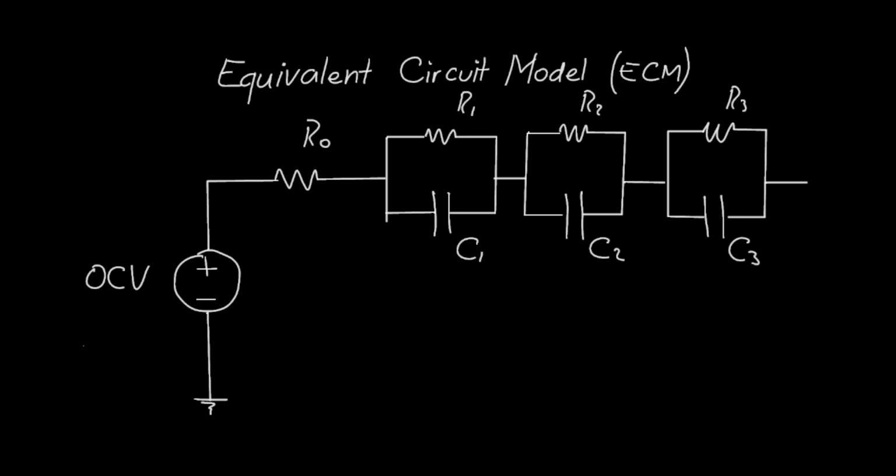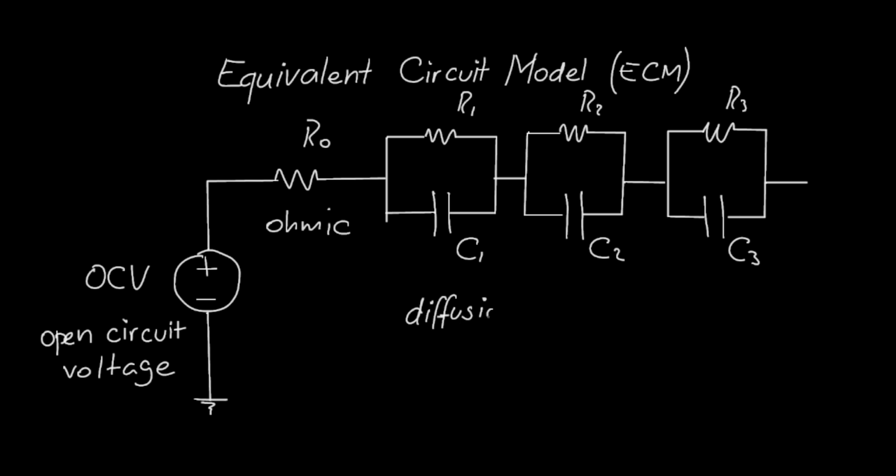This is why it is so important to find the right ECM to have a model that represents the behavior of our cell of choice within the operating range of interest. There are several ways of doing this, and our method of choice should depend on the level of accuracy and fidelity we need.